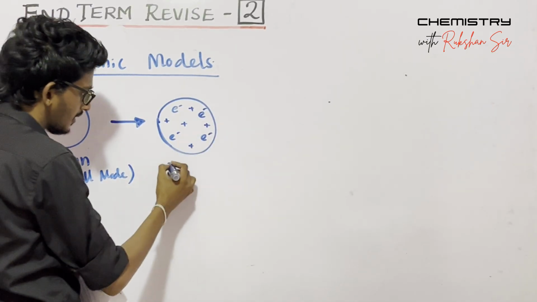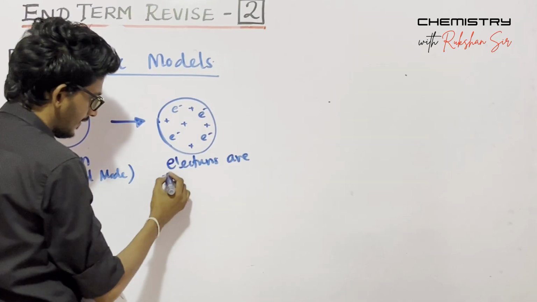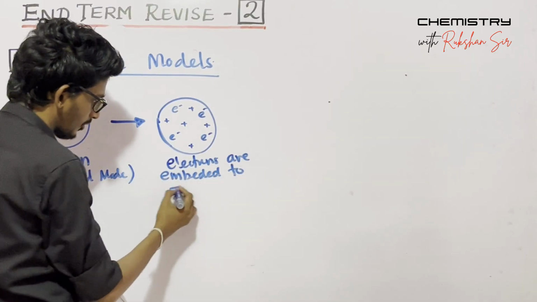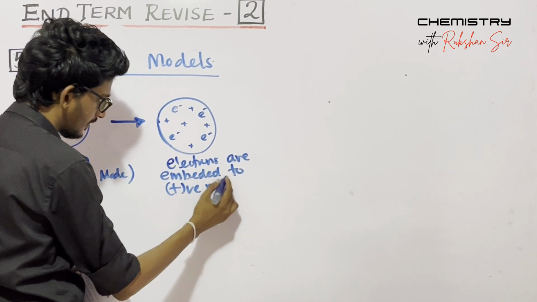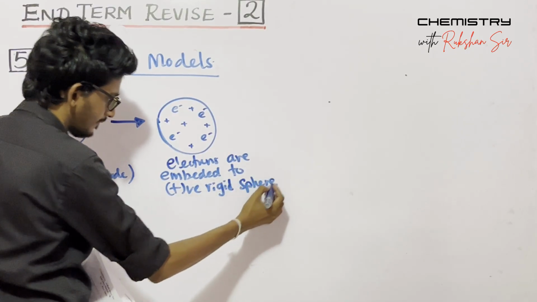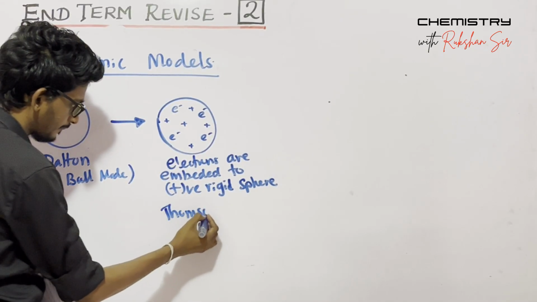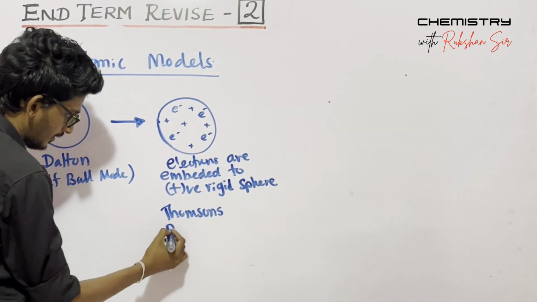So electrons are embedded in a positive rigid sphere, right? This is Thomson's plum pudding model.